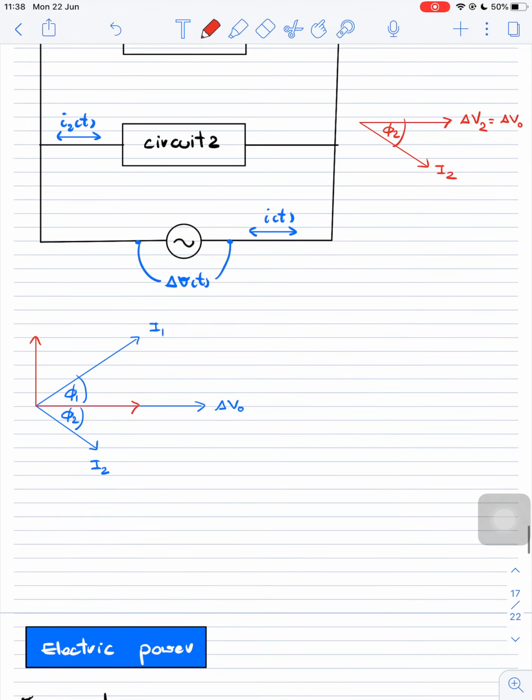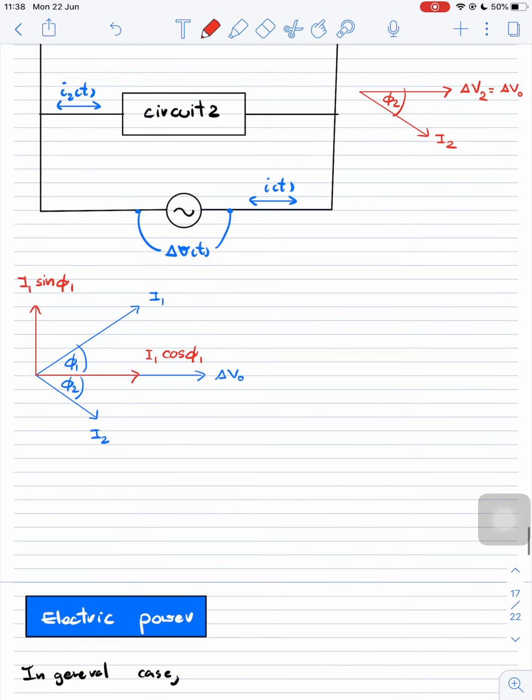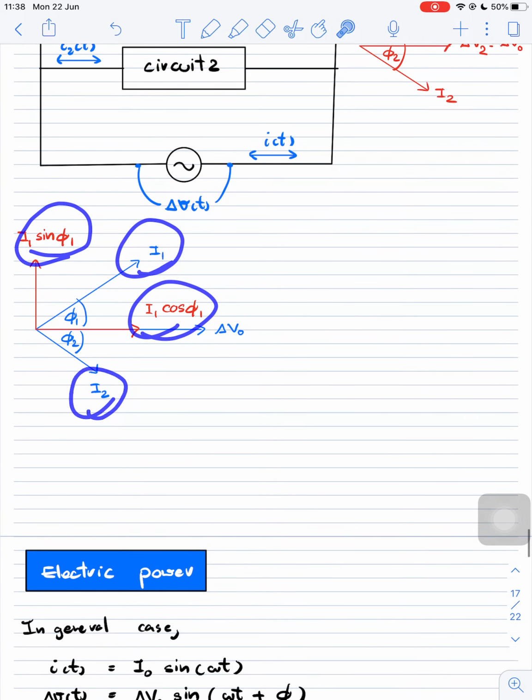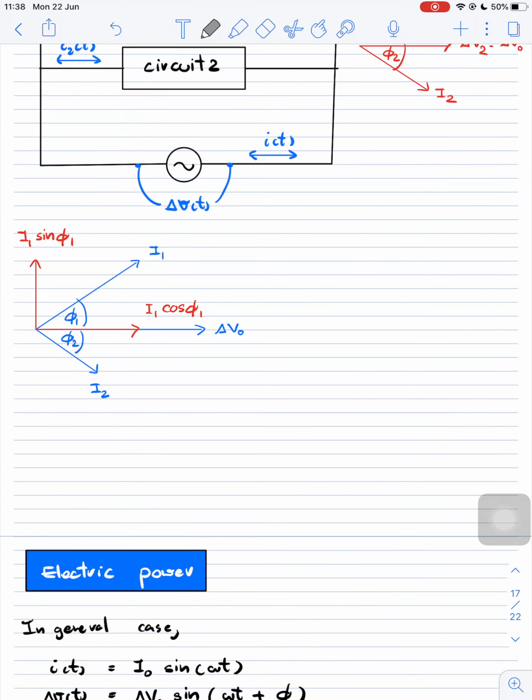This component is I1 cosine phi1, and this component is I1 times the sine of phi1. These are the horizontal and vertical components of I1. Now for I2, we have this component and this component. This will be I2 cosine phi2, and this will be I2 times the sine of phi2, right?